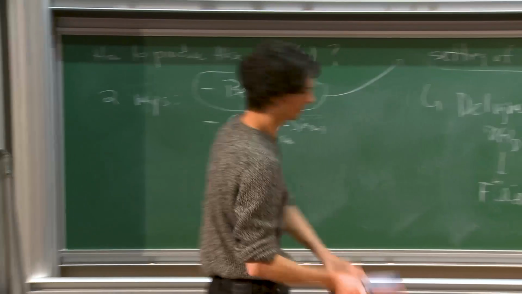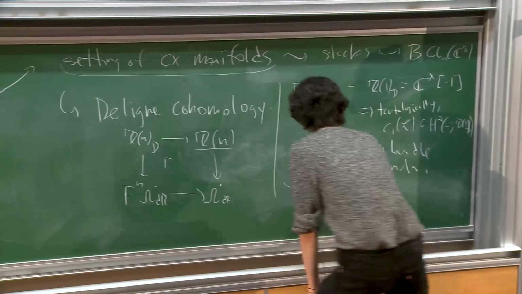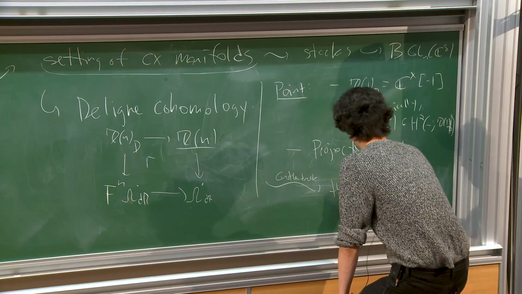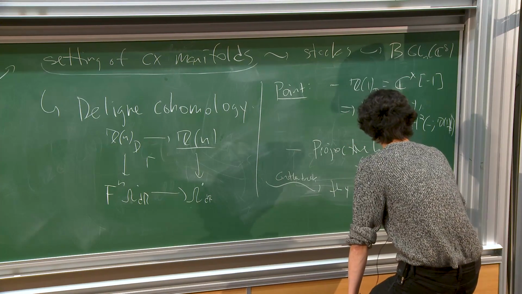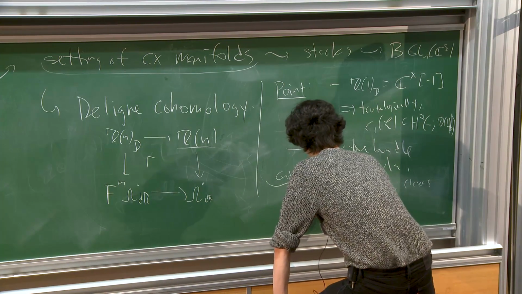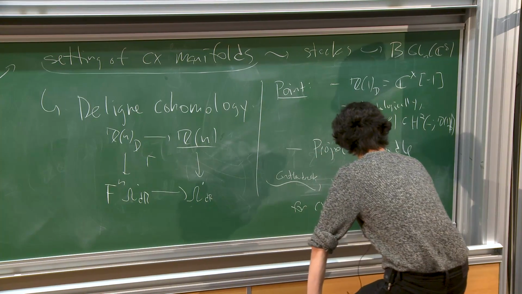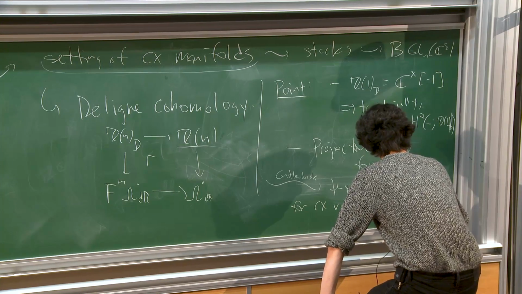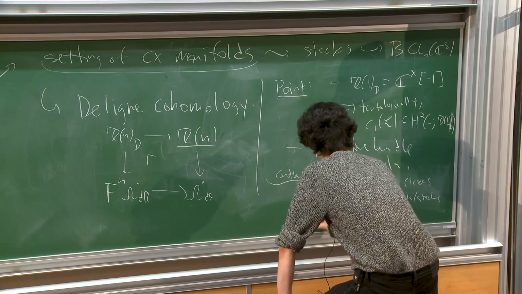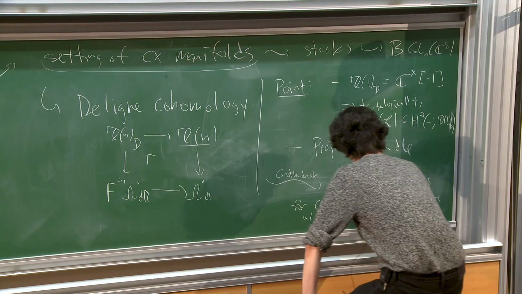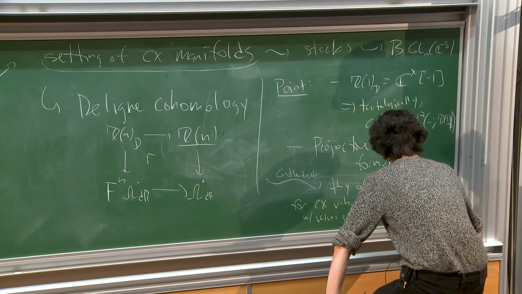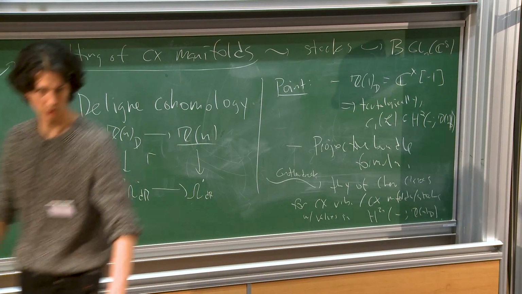Okay. So then you can use Grothendieck's method. You get a theory of Chern classes for complex vector bundles on complex manifolds or stacks with values in H2n with coefficients in Z(n) Deligne.